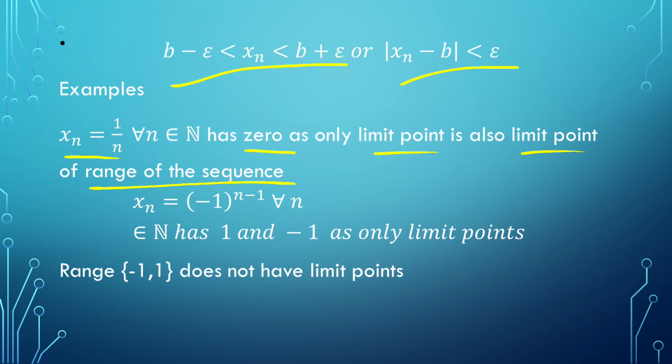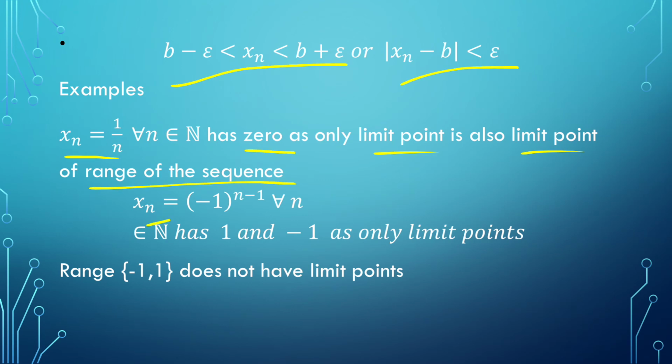So the neighborhood of 0 in this sequence has many terms of xn, and that is the reason we are saying 0 qualifies to be a limit point of this sequence.